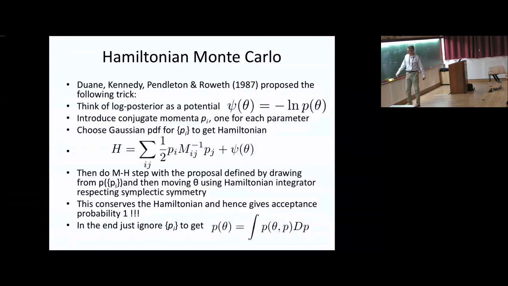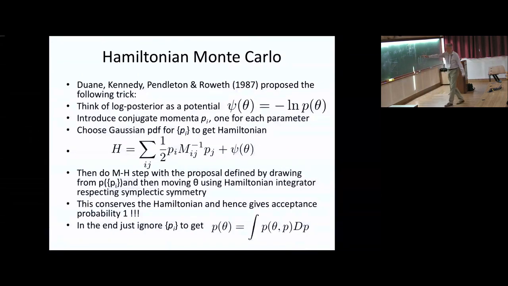And then I'm just going to add another set of parameters, independent, so let me call them pi. I'm just going to multiply those two, and say they are Gaussian distributed with zero mean and some covariance M.